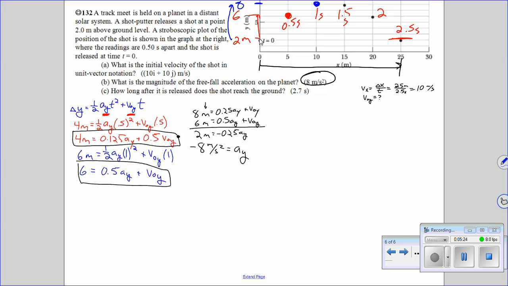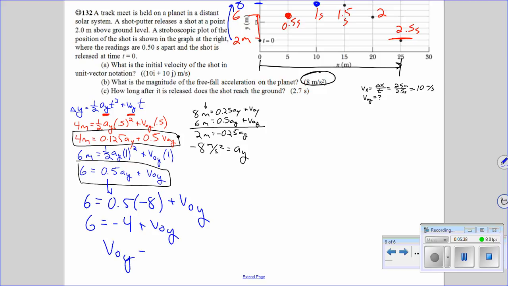I'm just going to use this one: 6 equals 0.5 times negative 8 plus V0y. So 6 equals negative 4 plus V0y. Add 4 and you get V0y equals 10 meters a second. So there we go. We know our Vx is 10, our Vy is 10.